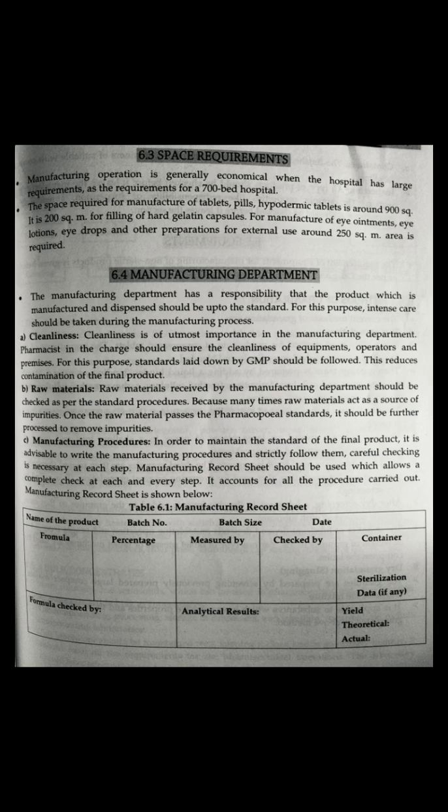For this purpose, intense care should be taken during the manufacturing process. The first point of this manufacturing department is cleanliness, and the second is raw materials and manufacturing procedures.